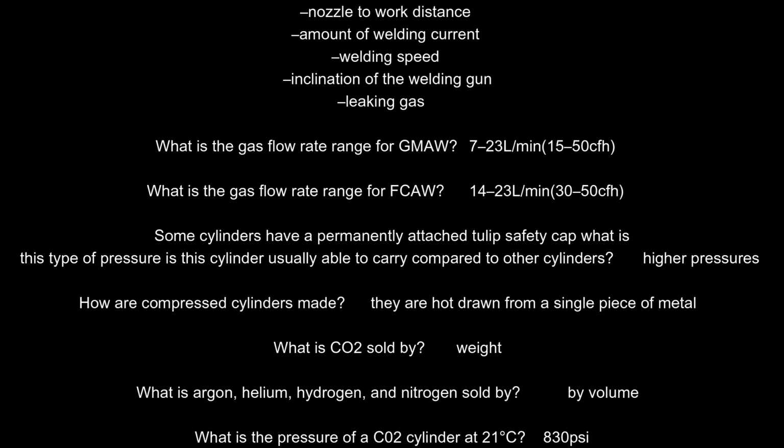What is the gas flow rate range for GMAW? 7 to 23 L/min, 15 to 50 CFH. What is the gas flow rate range for FCAW? 14 to 23 L/min, 30 to 50 CFH.